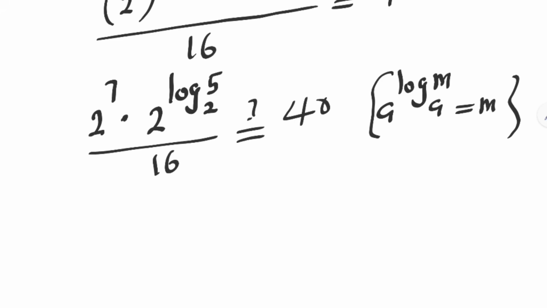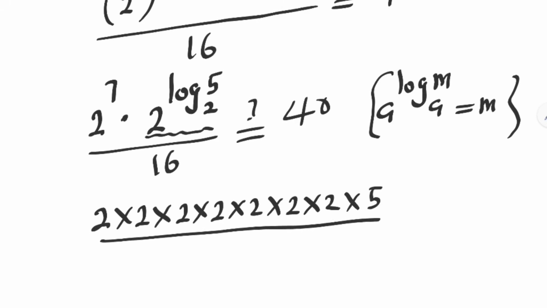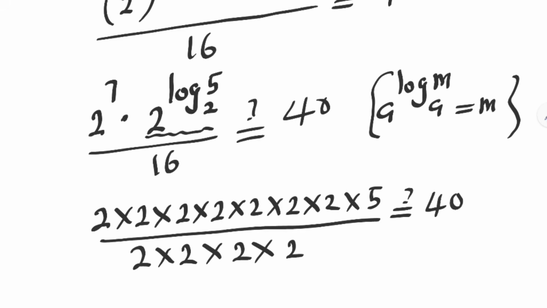Then 2 raised to power 7 is 2 multiplied by 2 multiplied by 2 multiplied by 2 multiplied by 2 multiplied by 2 multiplied by 2. Then multiplied by 5, over 16, which is 2 times 2 times 2 times 2, must be equal to 40.